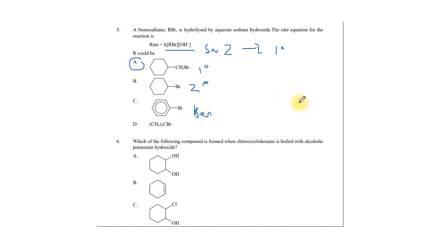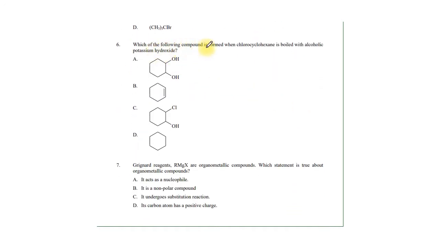Okay. Which of the following compounds is formed when chlorocyclohexane is boiled with alcoholic potassium hydroxide? Be alert, this is a haloalkane. When we answer this kind of question with potassium hydroxide, there are two situations.